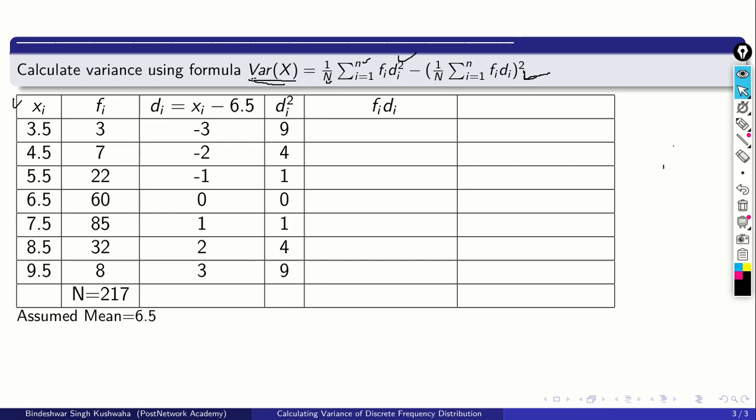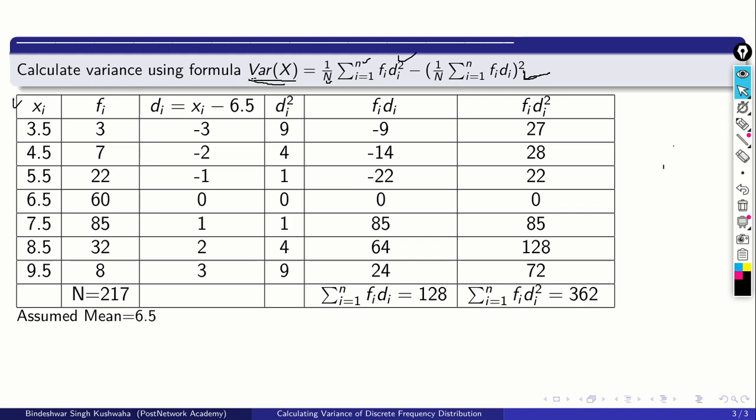Thereafter multiply fi with di, and if you add them, you will get 128. Thereafter fi di square, and these values are listed here, and you will add them. That would be the sum of fi di square from i equal to 1 to n.